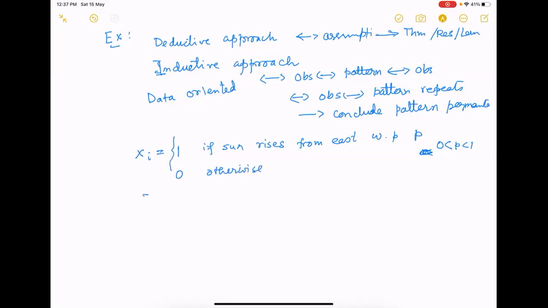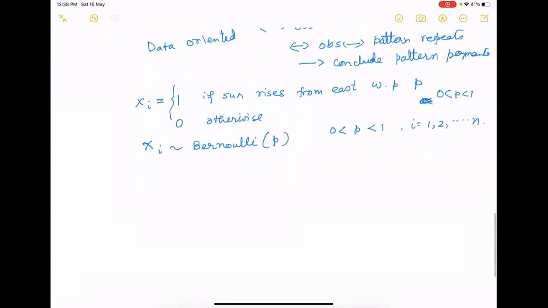So xi is basically Bernoulli p, with 0 less than p less than 1, and I have seen this pattern for the last n days. Then he says, let's assume that I have no clue what p is, so I assume p follows uniform 0 1.